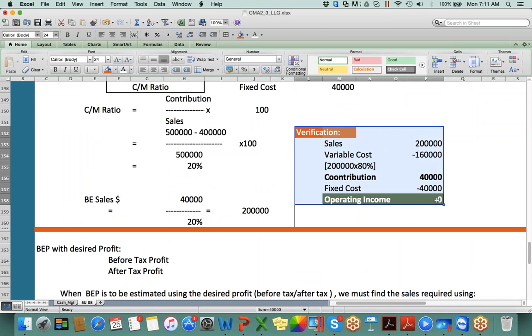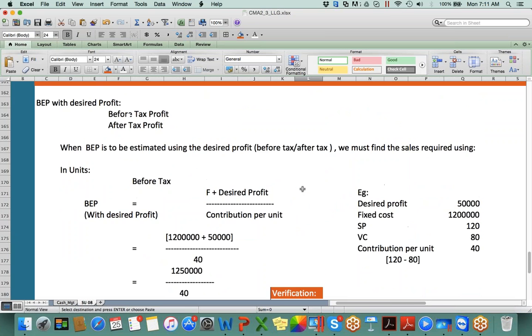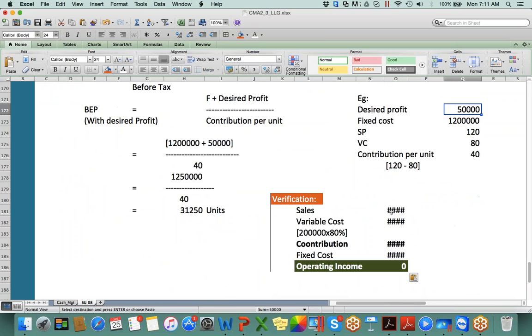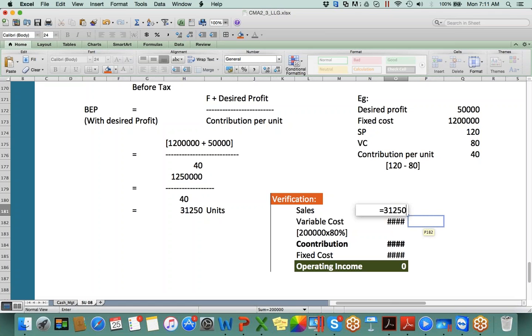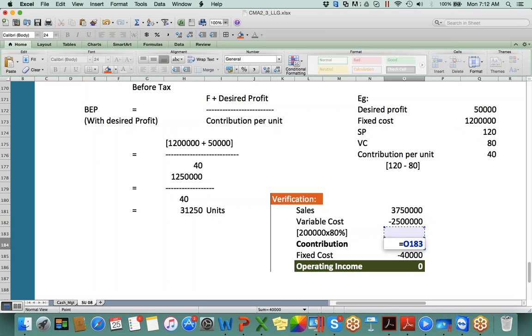What is the profit? Profit you wanted 50,000, right? Now let us see. What is the sale here? 31,250 times the selling price 120, that is 3,750,000, minus the number of units you sold, 31,250 times the variable cost, 80, will give you a contribution of this much.